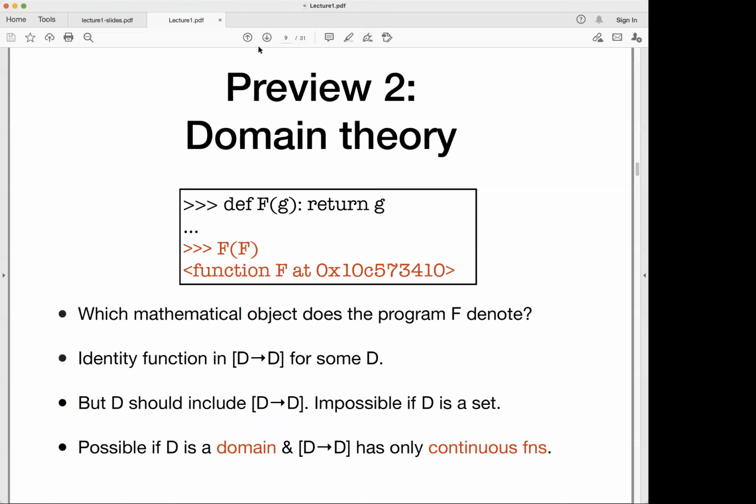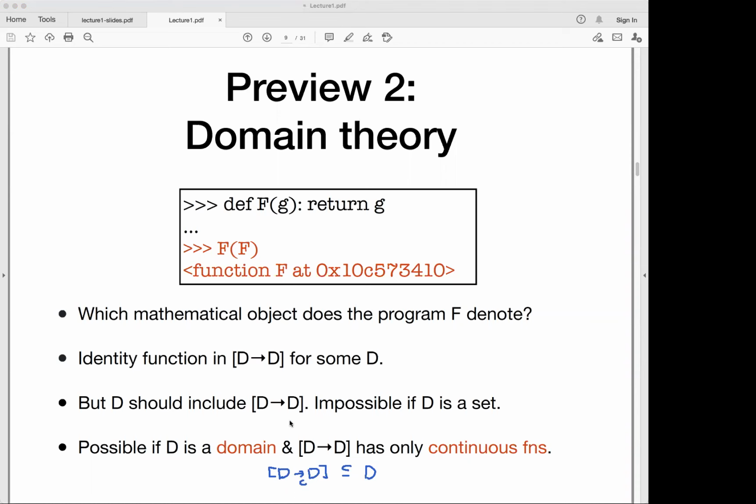So what that means is there can be a domain D which in a sense includes all the continuous functions from D to D. All the continuous functions from D to D can be included in the domain D.